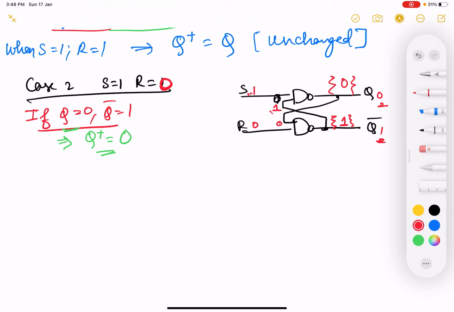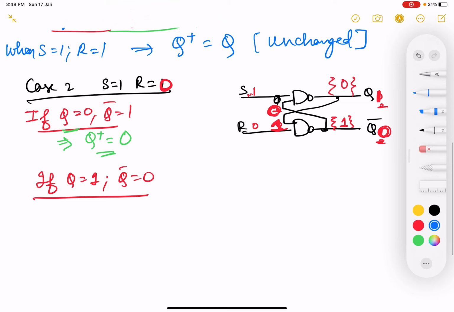Now we'll assume if the output state was initially 1, that is Q dash will be 0. Okay, we assume this was 1 initially and this was 0, so accordingly the feedback will change. This will become 0, this will become 1. Okay, now when the input applied to the upper NAND gate is 1 and 0, we get the output as 1. When the input applied to the lower NAND gate is 1 and 0, we get the output as 1.